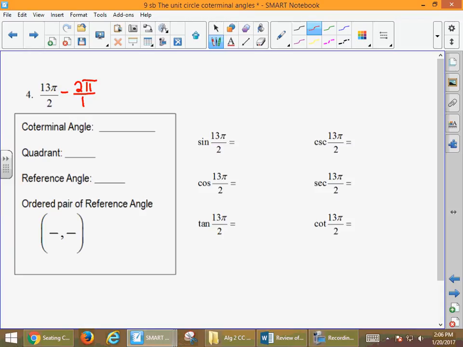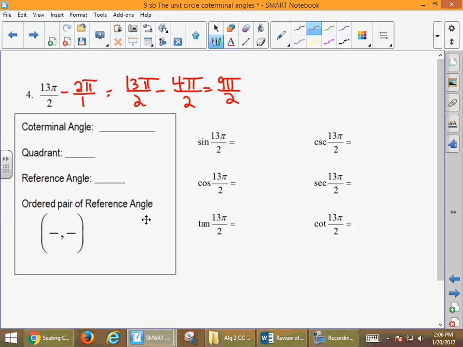And the common denominator between 2 and 1 is 2. So 13 pi over 2 minus 4 pi over 2. 2 times 1 is 2, there's the common denominator. We multiply 1 by 2, so we multiply 2 by 2 to get the 4. And 13 pi over 2 minus 4 pi over 2 is 9 pi over 2.